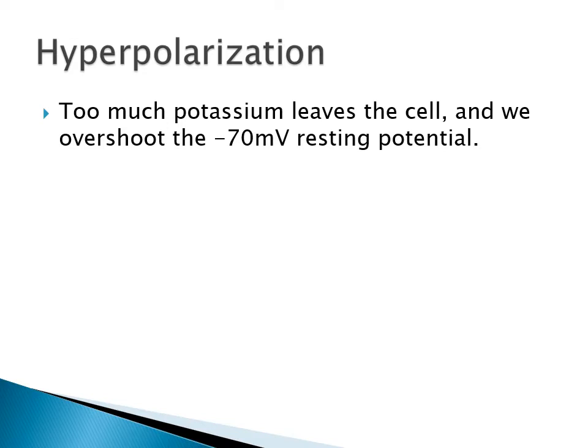So since those potassium channels are slow to close, too much potassium leaves the cell, and we overshoot that negative 70 millivolts resting potential. We call that portion of the graph where it goes past the resting potential, that overshooting part, hyperpolarization. We've hyperpolarized the cell.